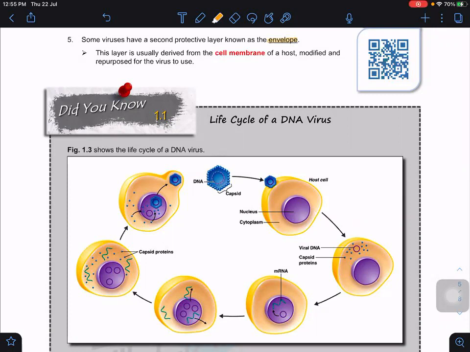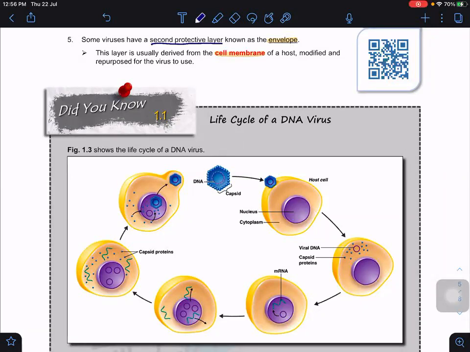This envelope is actually derived from the cell membrane of a host cell and is modified and repurposed for the virus to use. So basically they modify the cell membrane from the host and repurpose it for the virus, which is a second protective layer.